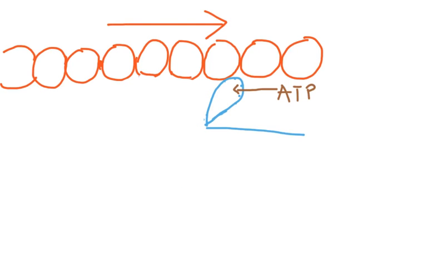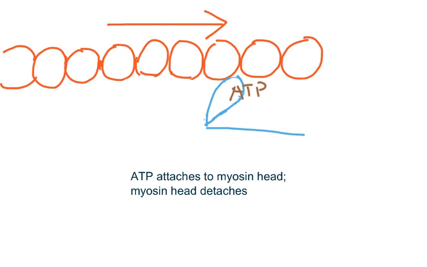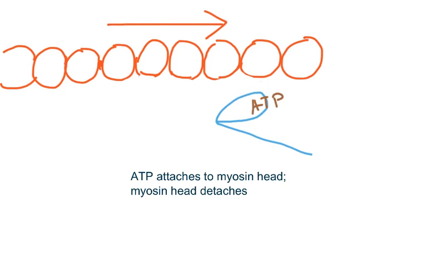When ATP comes and attaches again to the myosin head, then the myosin head will detach. So in this view here, the ATP has come and attached to the myosin head, and the myosin head detaches with ATP attached. If you go back to the beginning of the video, this is where we started.